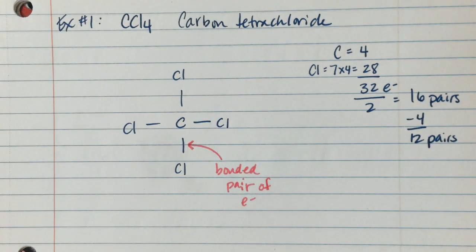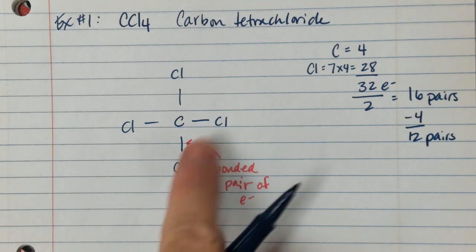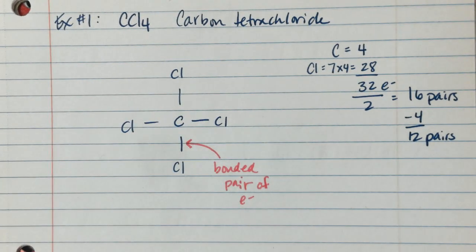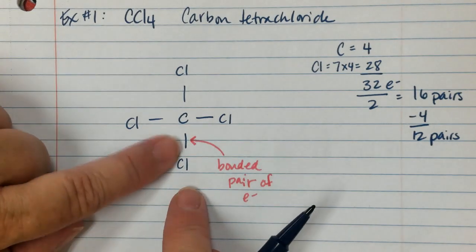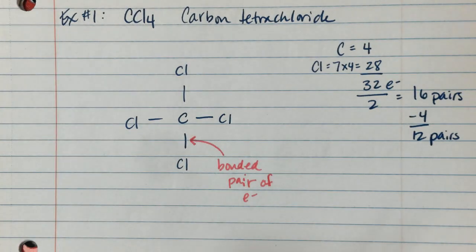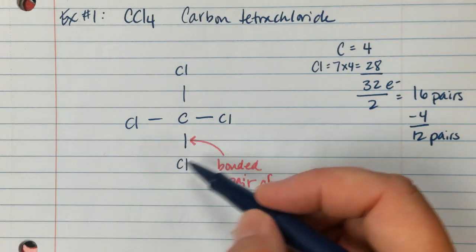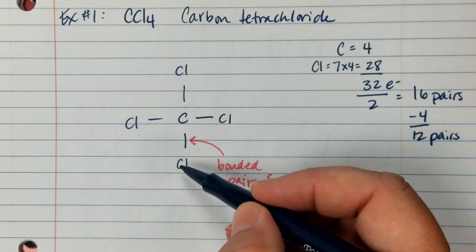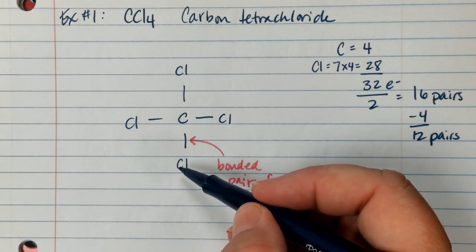Now what does it say to do? Place the remaining pairs around the terminal atoms. Now, how many valence electrons does every element want to have, or most every element? 8, okay? We must satisfy the octet rule. So this line represents 2 electrons. Okay, so I already have 2 for this chlorine. So how many more does it need total? It needs 6 or 3 pairs.